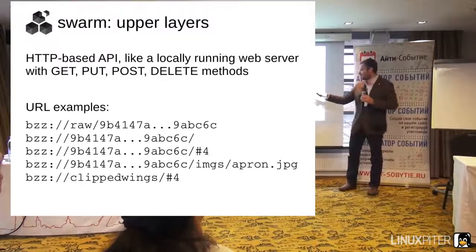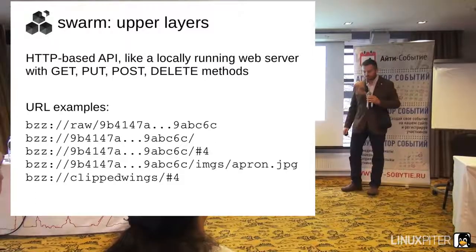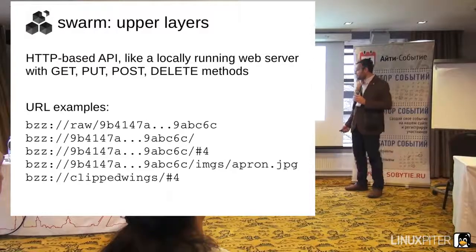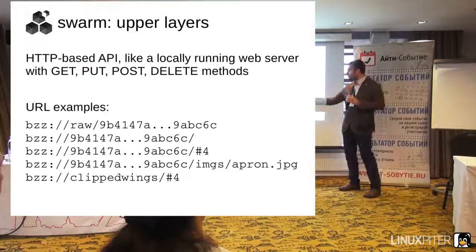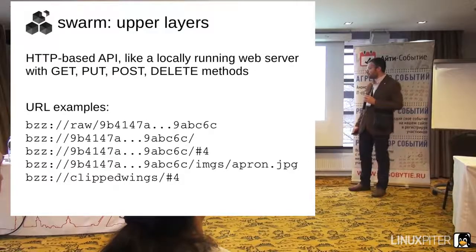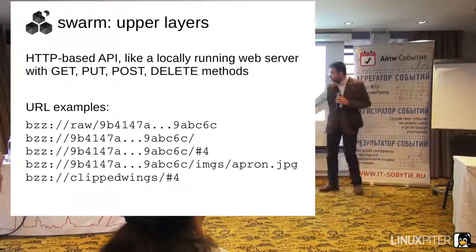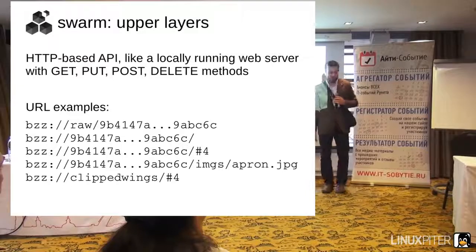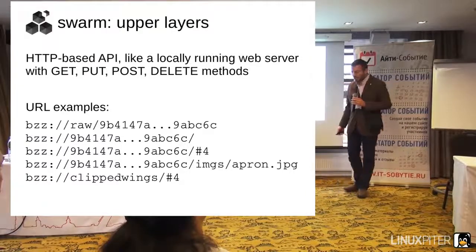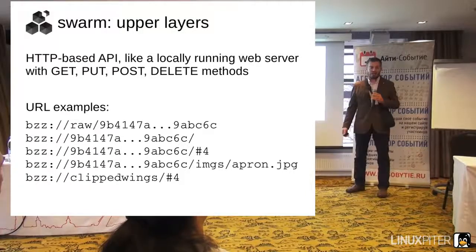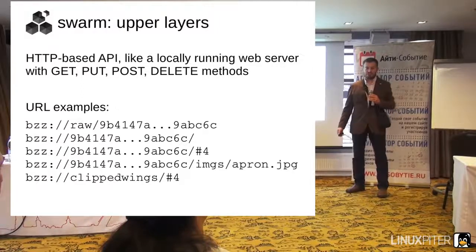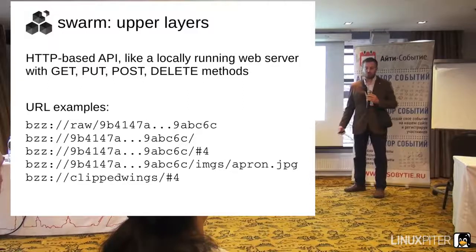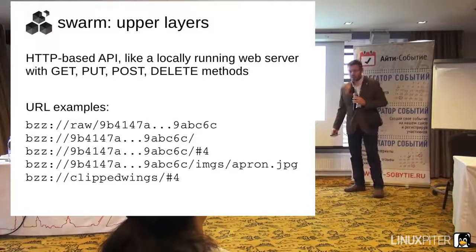Each file in this case is protected by the same hash. You have complete integrity protection, and it's just one image from that photo album. And here you can see that instead of a hash, you have actually a human readable name. That is achieved by a name service built into the blockchain, so into Ethereum, where you can actually register names for particular hashes.